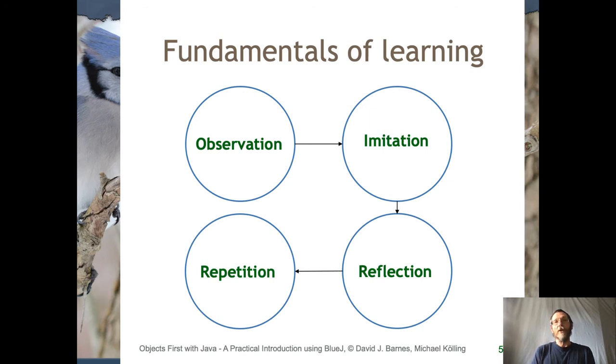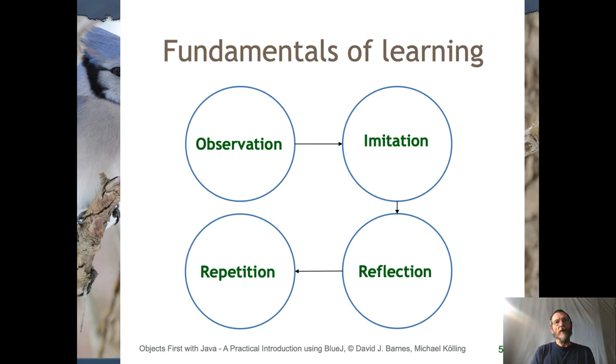I'm going to give you lots of examples of source code for you to observe, and then I want you essentially to imitate what you see. When you imitate what you see, you won't simply be duplicating the code, because it won't necessarily be appropriate exactly in that form for the new situation. So if I'm asking you to write the code for a ticket machine and you simply imitate the code for a triangle, then you'll get a triangle rather than a ticket machine.